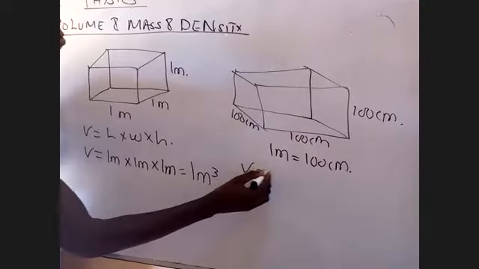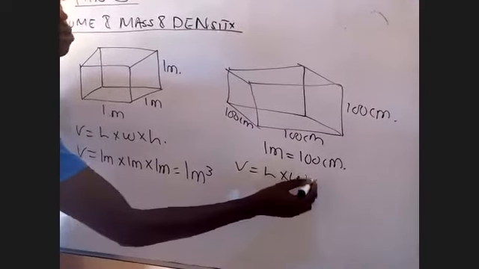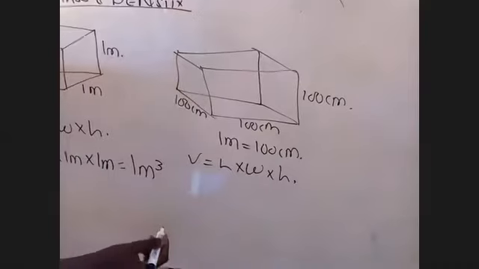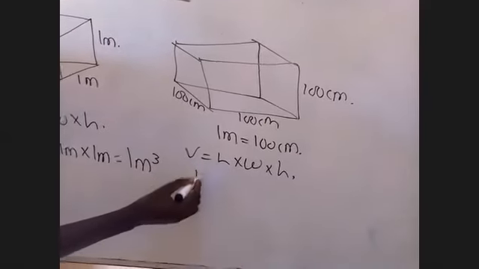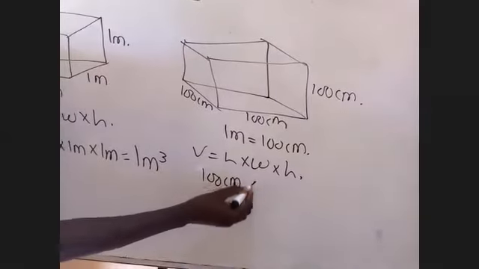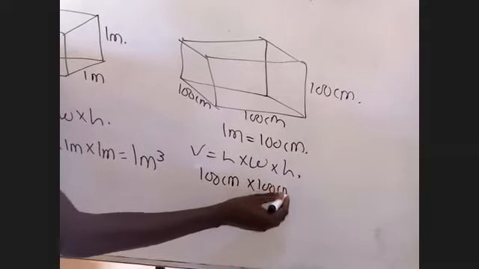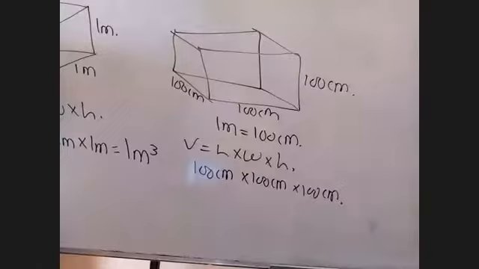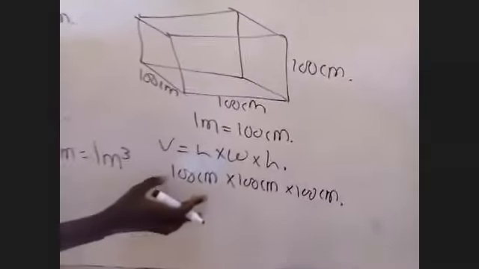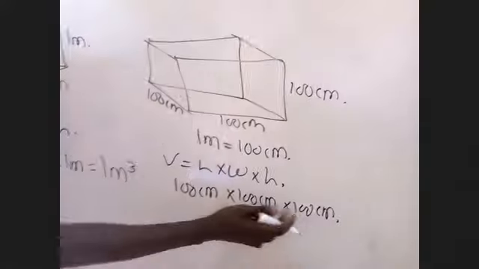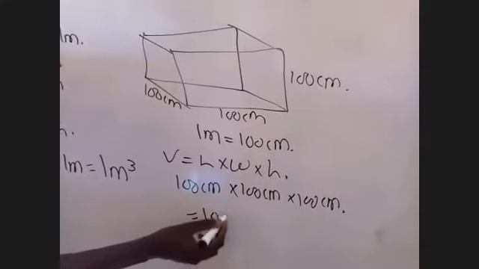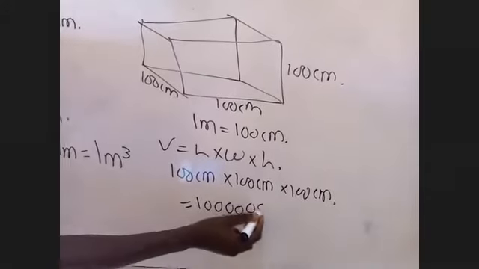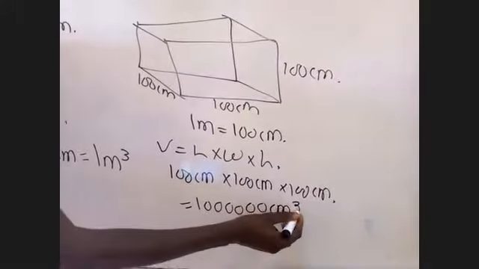Volume will be given by length times width times height, so that our volume here is 100 centimeters times 100 centimeters times 100 centimeters. If you multiply 100 by 100 by 100, this is 1 million cubic centimeters.